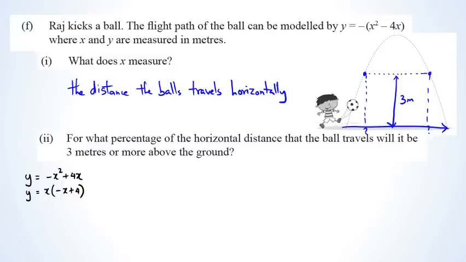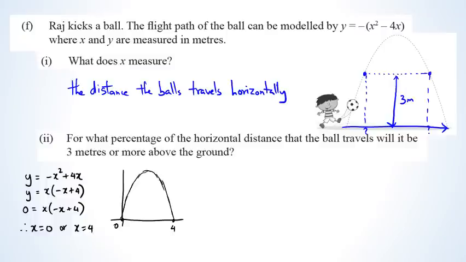What that means is if I put y equal to 0, I'm going to get x equal to 0 or x equal to 4, which means the graph is going to look like this. So at 0 and at 4, the graph's going to do something like that. 0 is that starting point, and the horizontal distance it travels is 4.